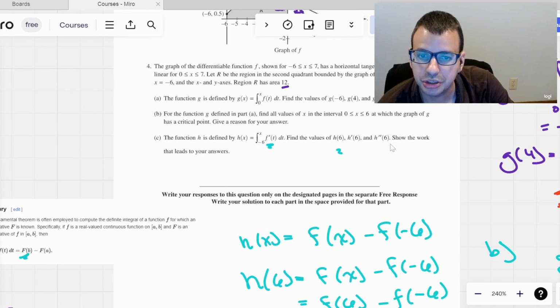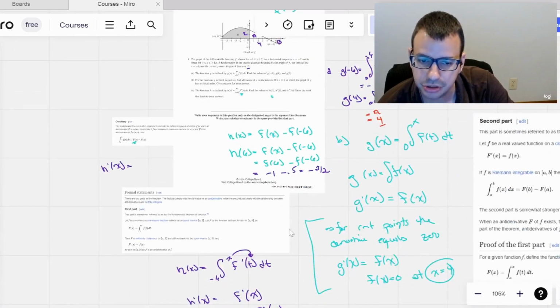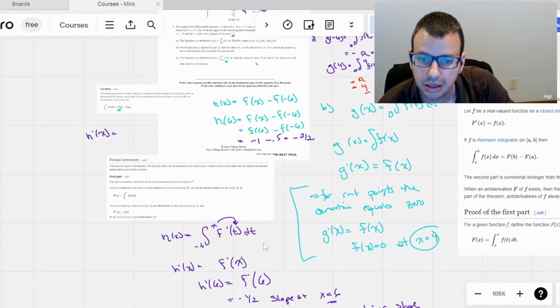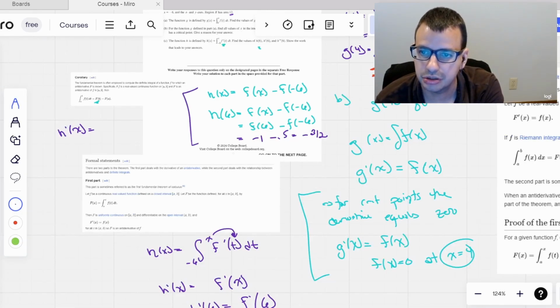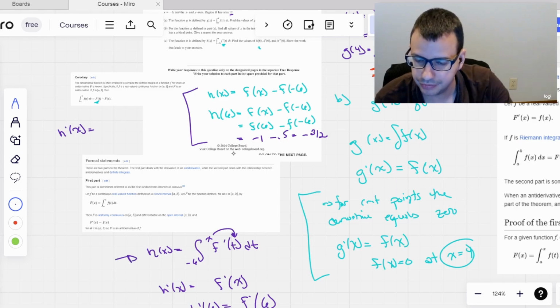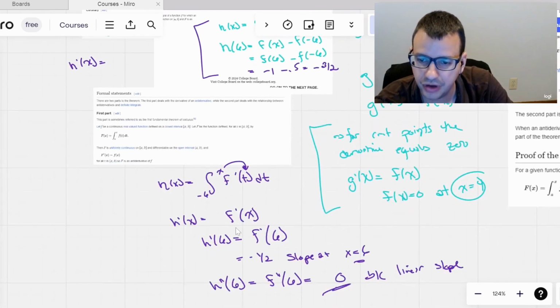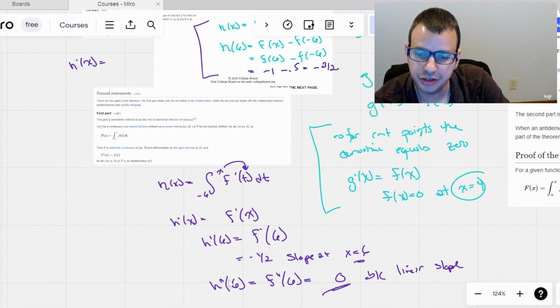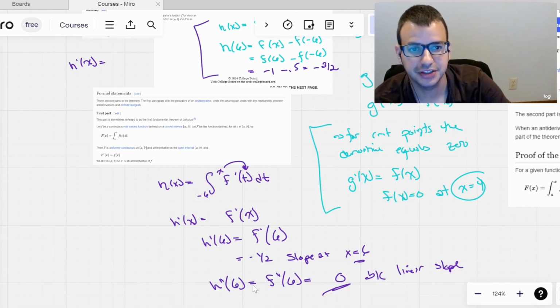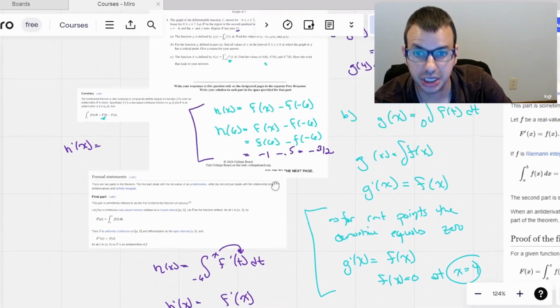Show the work that leads to your answers. Yep, so the work then would be this portion for the first part. Then when we take the derivative, we found h prime of x by just basically plugging in x. And then took the derivative of the derivative, which gives us 0, which is the second derivative.